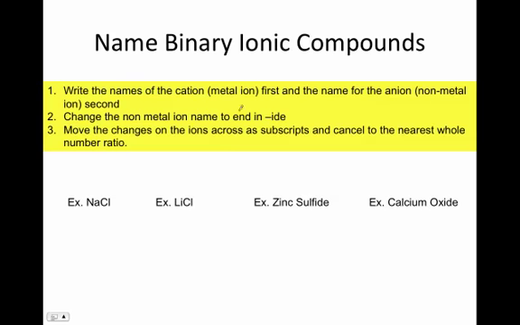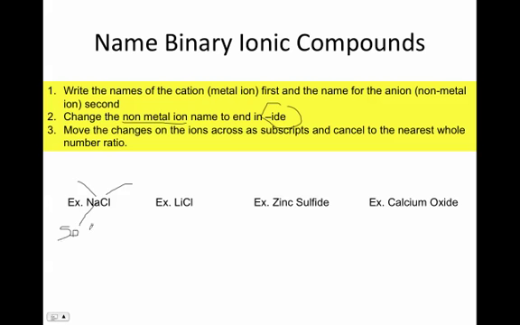Let's get into naming ionic compounds, because there's a special way we do this. We would write the name of the cation first, that's the metal ion, and the name of the anion, or the non-metal, second. So metal ion, non-metal, always in an ionic compound. We change the non-metal to an ide. So this is sodium, the sodium ion.